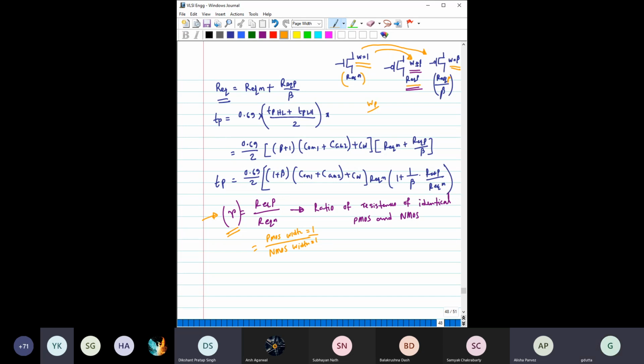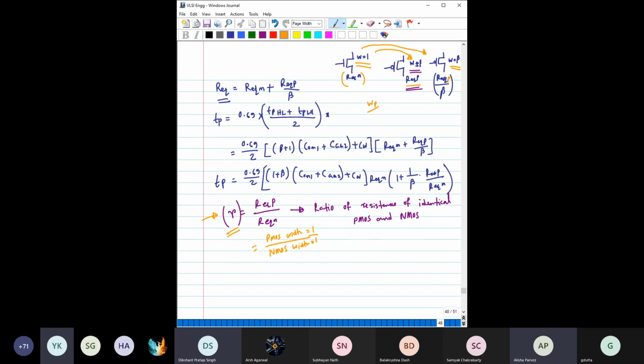If you make the PMOS with R times, then the R equivalent will become 1 over R times compared to the NMOS.